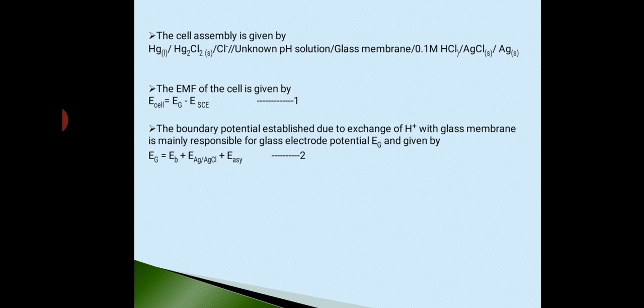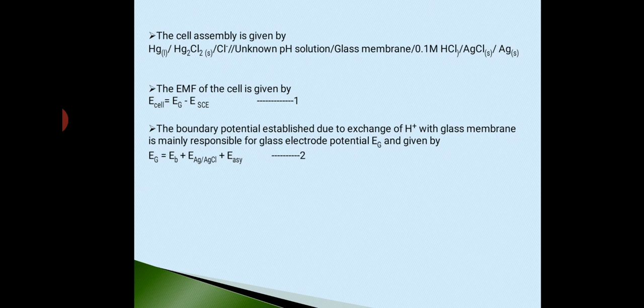Now continuously there will be ion exchange reaction between the glass membrane and H+, and there comes a point when, because this reaction is reversible, there will be a point which is called the equilibrium point. At that point, both the concentrations become the same. C1 becomes equal to C2. At that point, one more potential we are observing. That potential is nothing but the asymmetric potential. So here so many factors, students, contribute towards Eg.